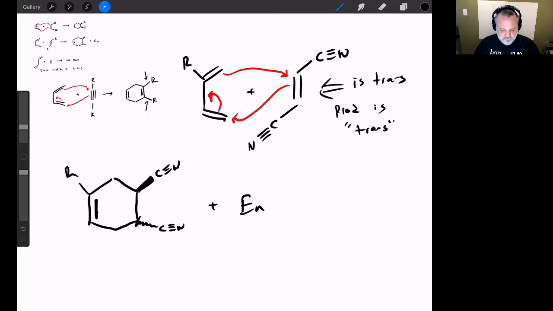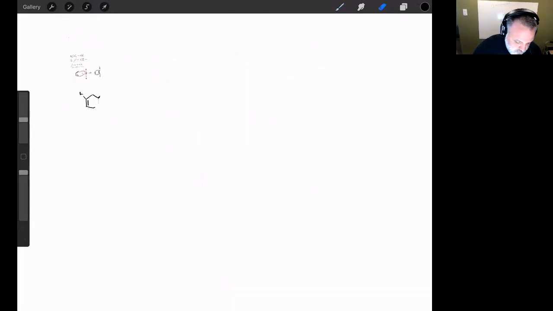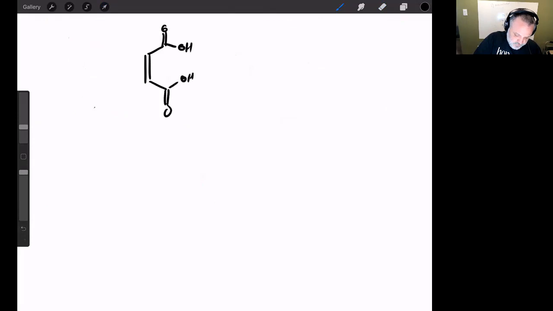Let's do another one. What about a dienophile that looks like this? Here's a good old carboxylic acid group. And then let's make the diene look like this.